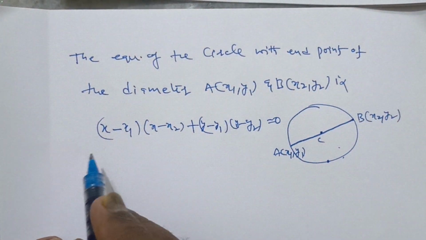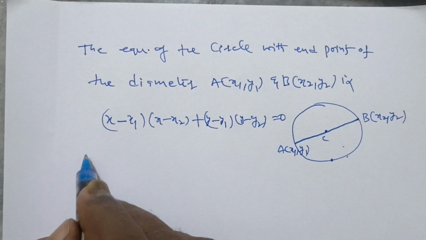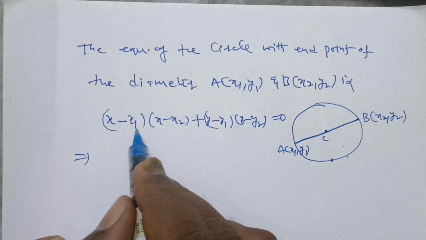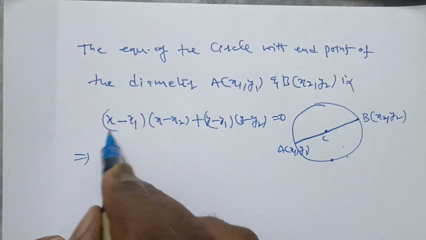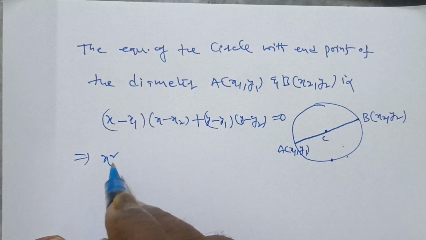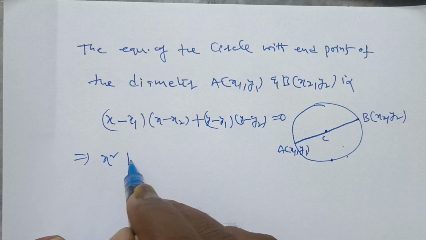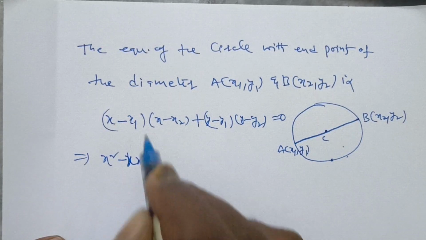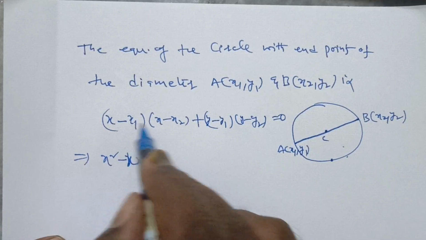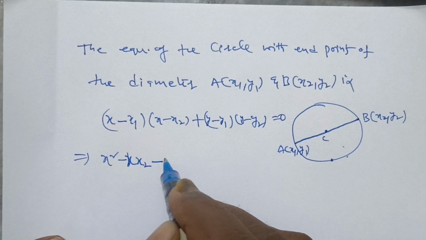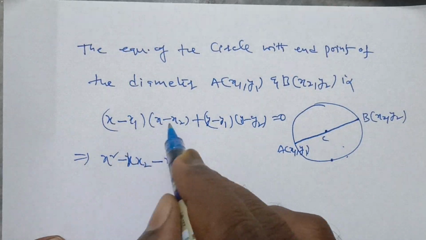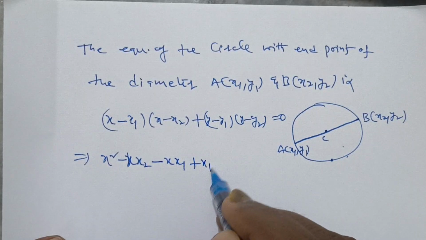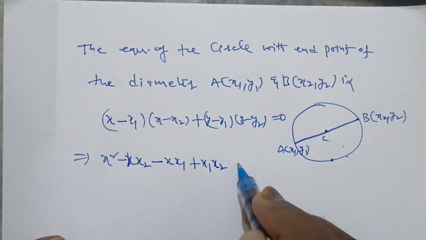Now simplify this. Multiply these two: x into x is x square, minus x into x2, minus x1 into x, and minus x1 into minus x2 gives plus x1 x2.